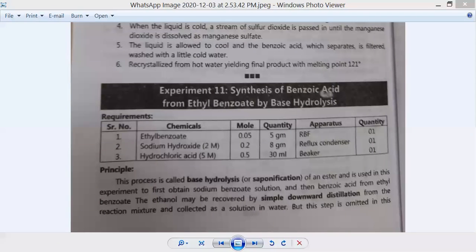Now this intermediate product, sodium benzoate, will react further in step number 2 with hydrochloric acid. It is a simple salt formation reaction, base with acid. So NaCl is formed as a salt, and there is formation of benzoic acid from the ethyl benzoate.